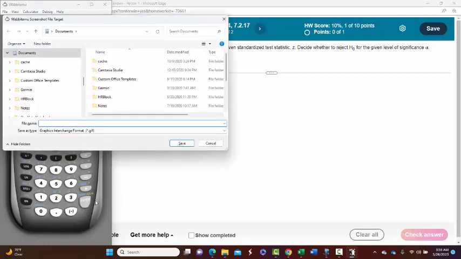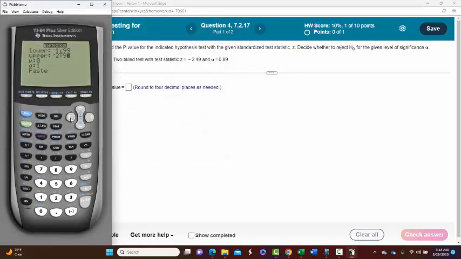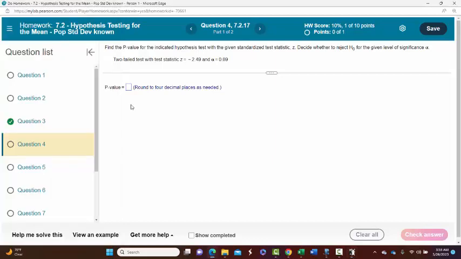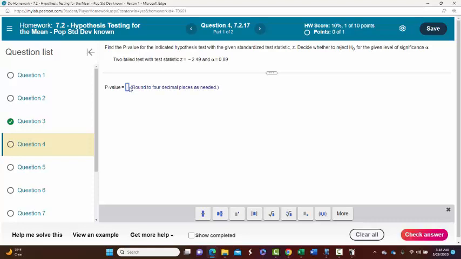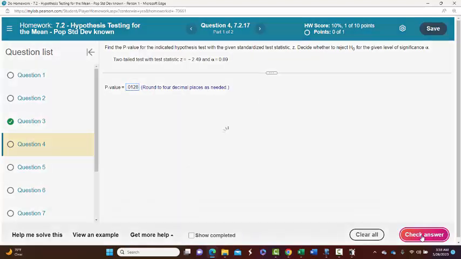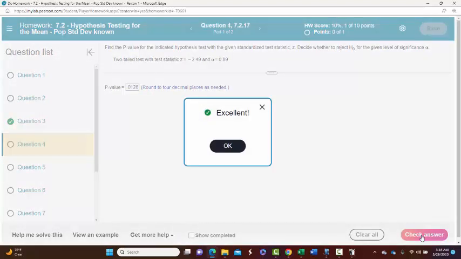What in the world did I hit? So it should be 0.0128. Excellent.